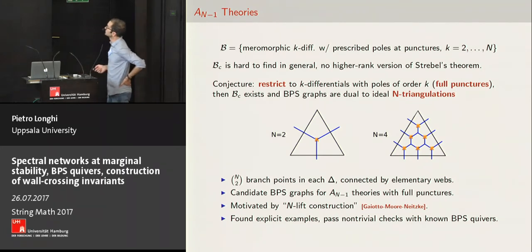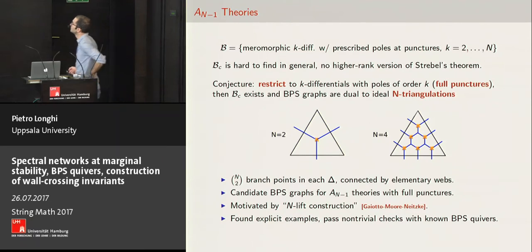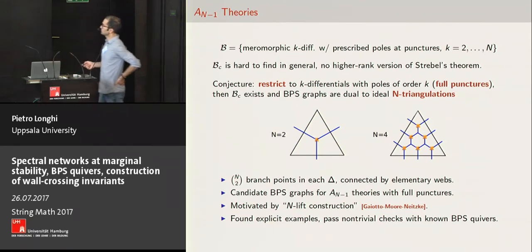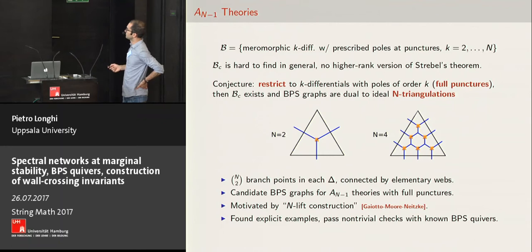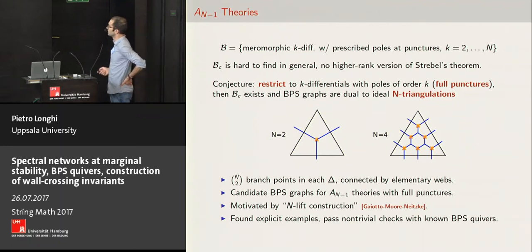And we conjectured that the BPS graph is again dual to an ideal triangulation, where we take each triangle, we place n choose 2 branch points inside, and we connect them with some elementary webs in this way. So this is a conjecture, but it gives some candidate BPS graphs for all high rank theories with full punctures.